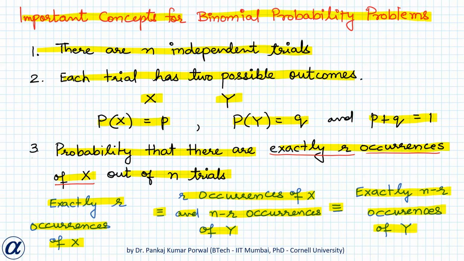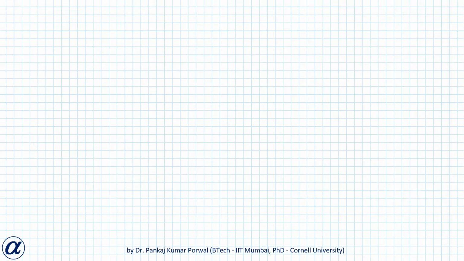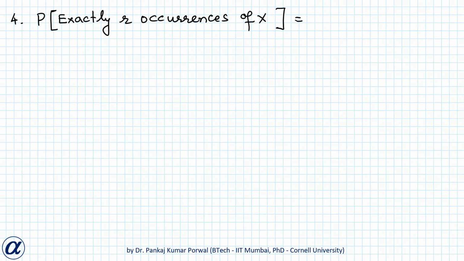To find this probability using the binomial probability theorem, we write this as the probability of exactly r occurrences of x. At the back of our mind, we know that it involves n minus r occurrences of y also.